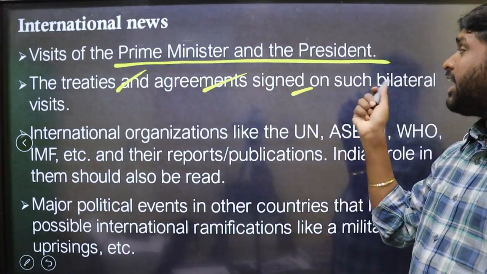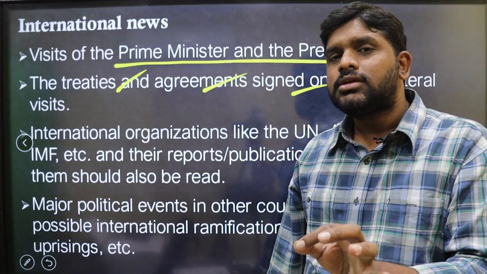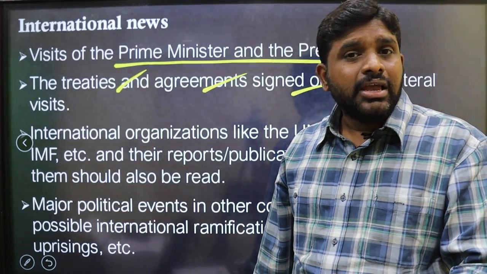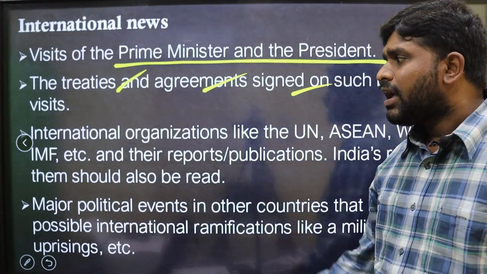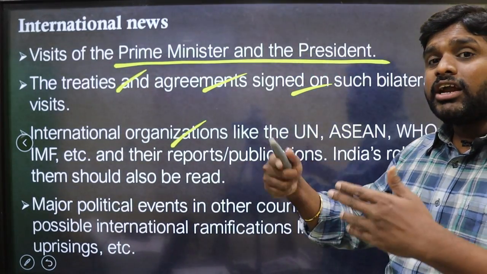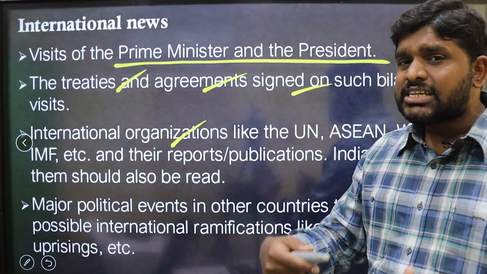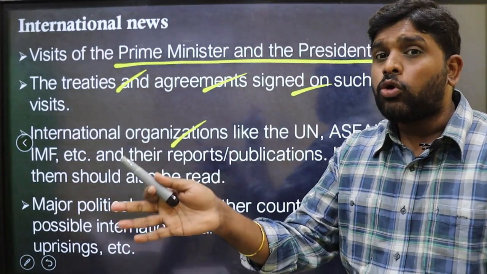The treaties and agreements signed on such bilateral visits, meaning which treaties and which agreements India signed. Why is it so important? Whether economically important, or politically important, or socially important. International organizations, like where the international organizations are conducting summits? What is India's significance? What are the outcomes of the summit?